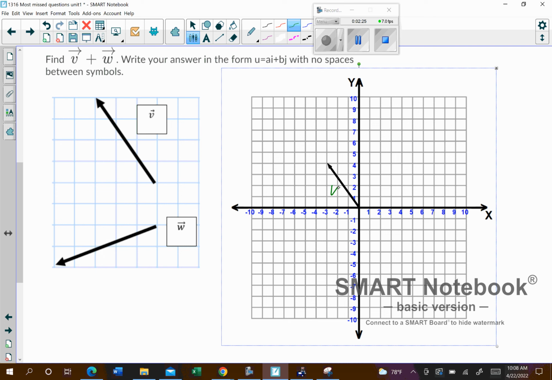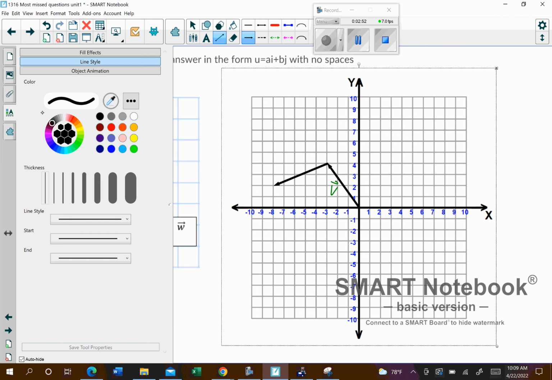That'd be vector v. And then from there, we're going to add the w vector, which is going to drop 2 and go forward 5. So we'll go ahead and do that. Drop 2, go forward 1, 2, 3, 4, 5 right there. And when you add the two vectors together, it creates this new vector.